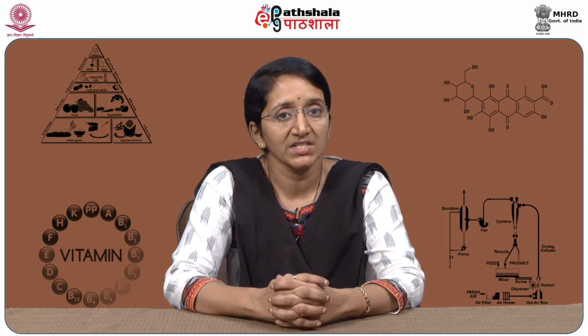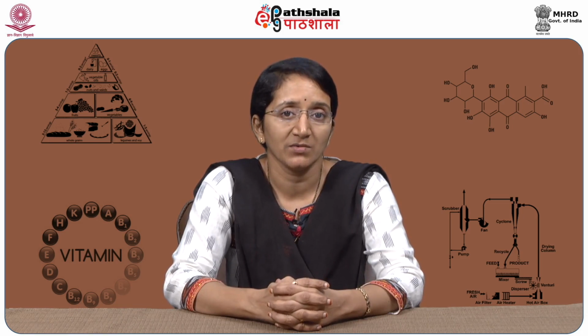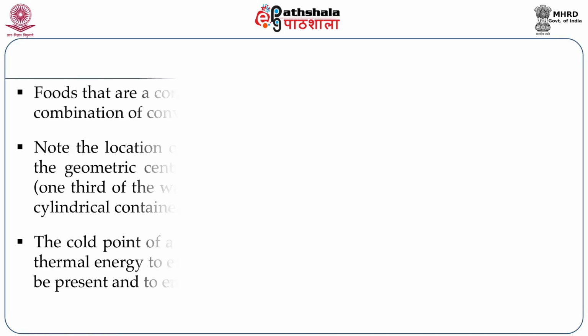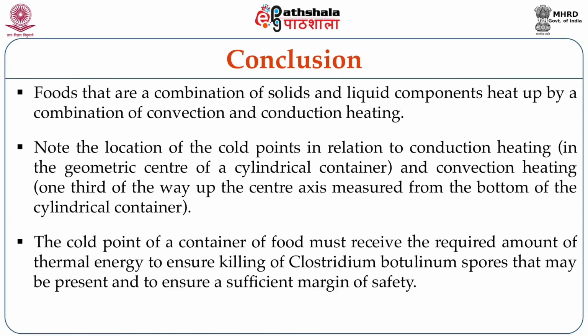By understanding the conduction and convection heating, we have different combinations which can be set for heat preservation, which can be applicable for different kinds of food matrices. The cold point of a container of the food must receive the required amount of thermal energy to ensure killing of Clostridium botulinum spores or any other spores or microorganisms that might be present, to ensure a sufficient margin of safety and quality of the food material.